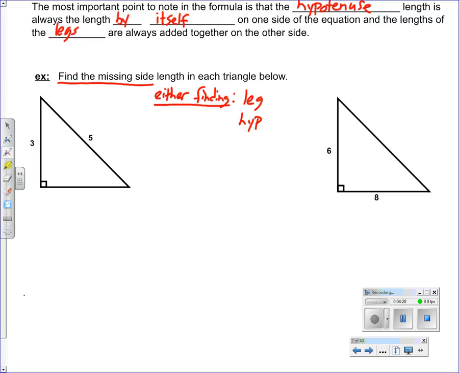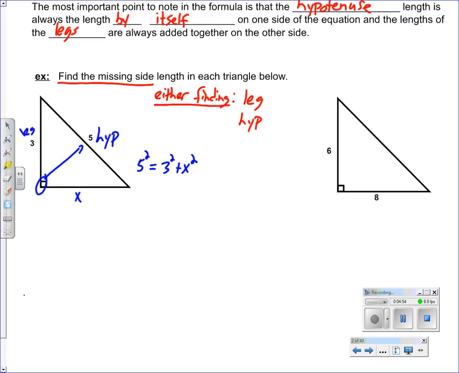So the first triangle on the left, 3 is a leg, and we have a missing side, and 5, across from the right angle, is the longest side, so it's the hypotenuse. When I set up the formula, I have to make sure that 5 is by itself on one side. So 5 squared equals 3 squared plus x squared.